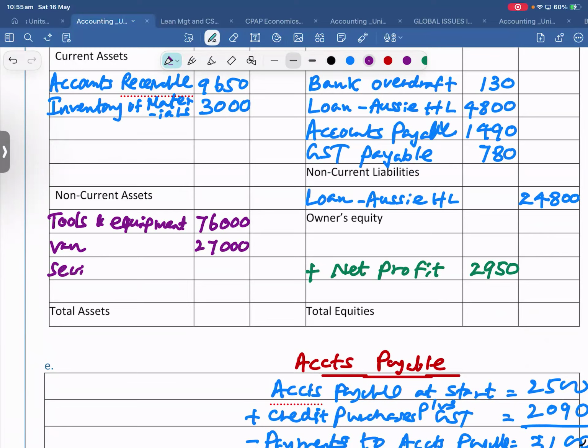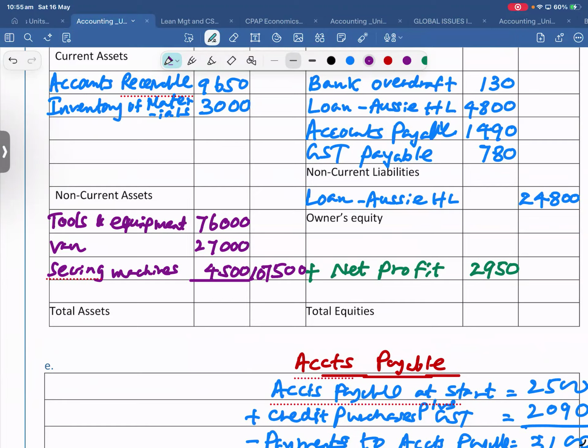Sewing machines, 4,500. Right. Then you can total that. Basically, that's all the non-current assets. 107,500.